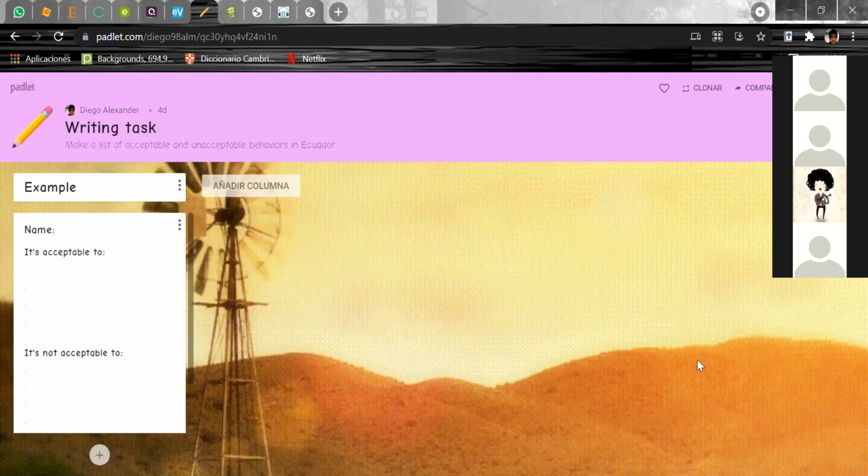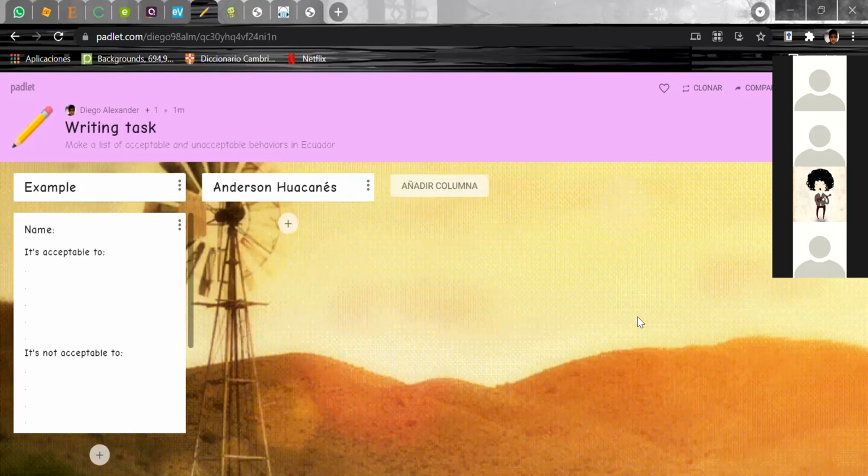Is it clear now, guys? First we write our name, teacher, and then if it is acceptable or not. Yes, you have to write your name. Yes, in Ecuador, because remember that the main topic was about culture, and now we are focusing on Ecuadorian culture.